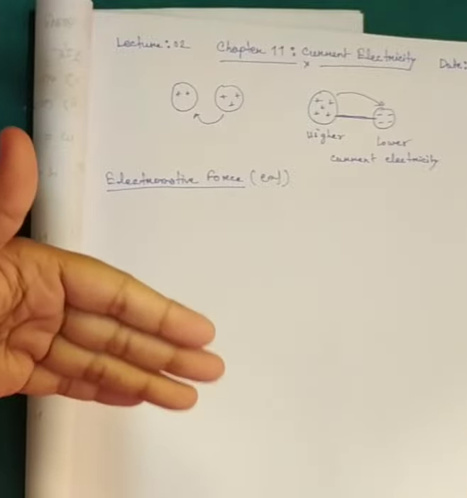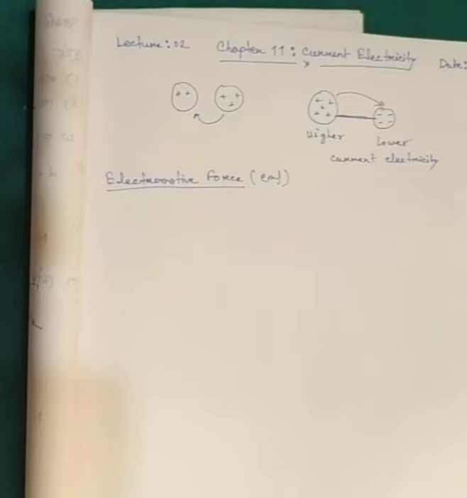What is the function of a battery source or generator? They maintain a continuous potential difference between two objects, so that the flow of charges remains continuous, and the current flows in a continuous way.